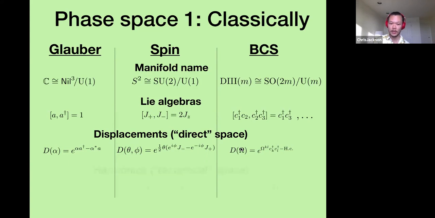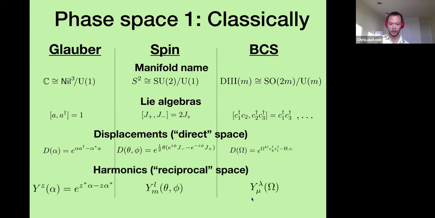But also very important are the harmonics that can be carried by the manifold. In the case of the plane, the harmonics are just plane waves. In the case of the sphere, the harmonics are the so-called spherical harmonics, and this manifold of BCS coherent states also has a set of harmonics.